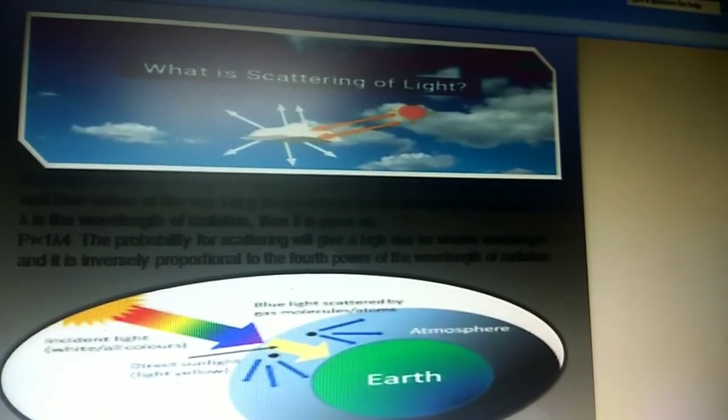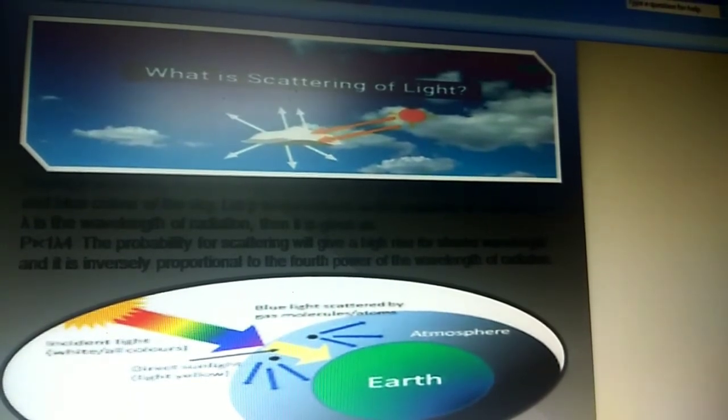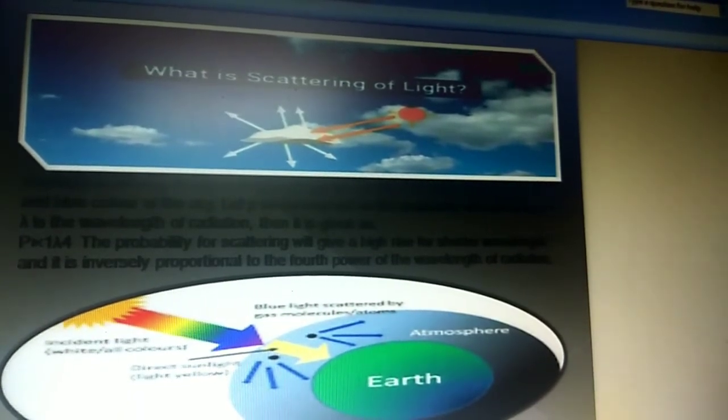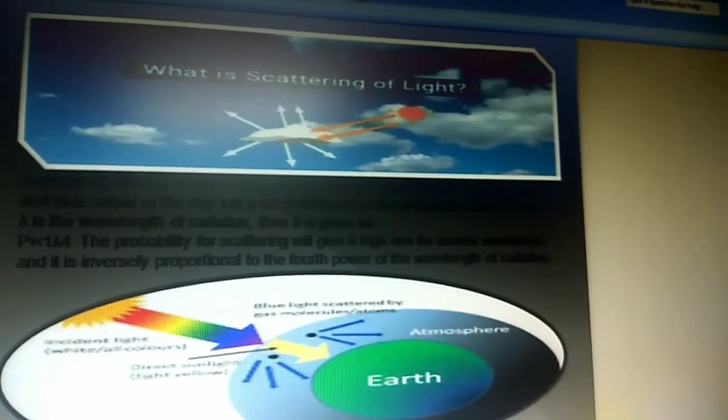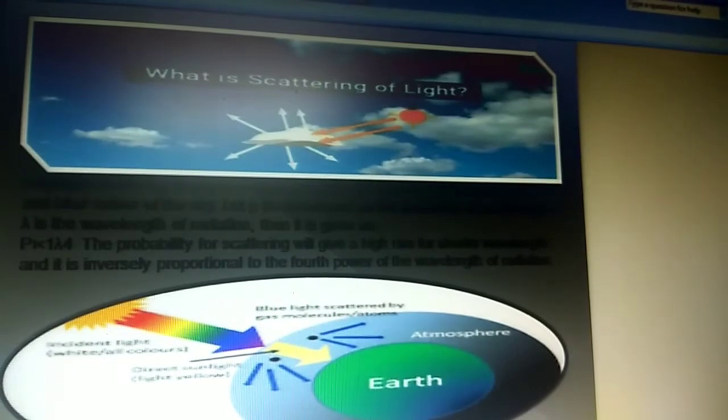In that, whichever has the largest wavelength possesses high speed and has less chance of intersecting and colliding with the particles of the medium.